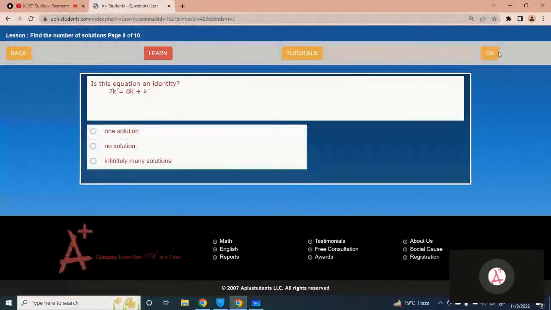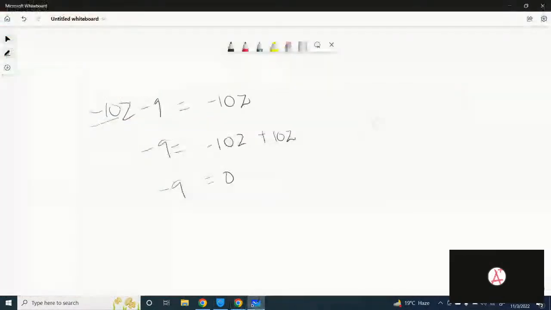Okay, is the equation an identity? 7k equals 6k plus k. So 6 plus 1 is 7. So it would be 7k equals 7k.